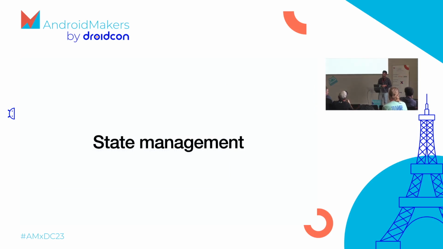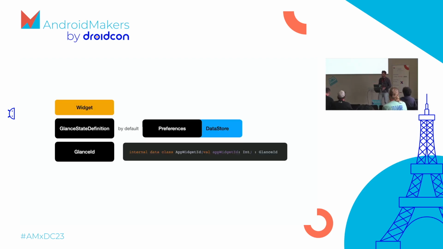So we know basically how to build the UI, but now the important thing, how to manage the state. So the Glance widget is coming with some handy tools, and one of these is Glance state definition. Underneath, it is just preferences. Those definitions work like this: you have the preferences with some key, and the key for those preferences is your Glance ID.